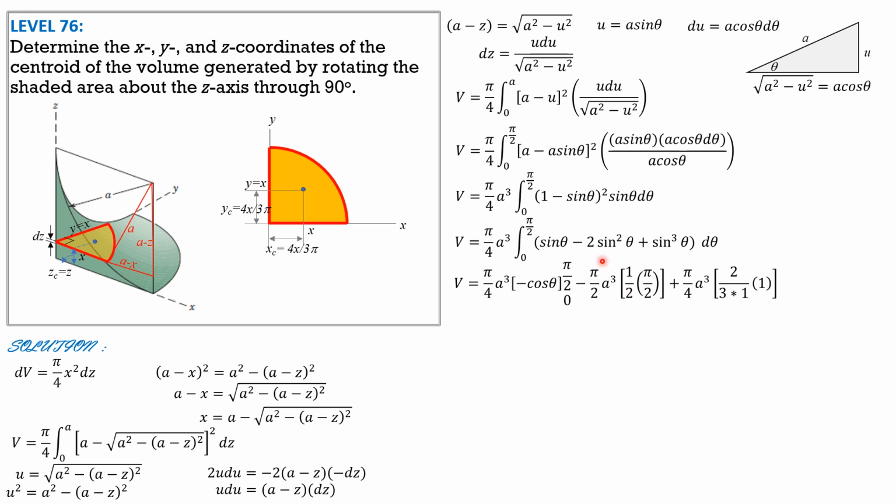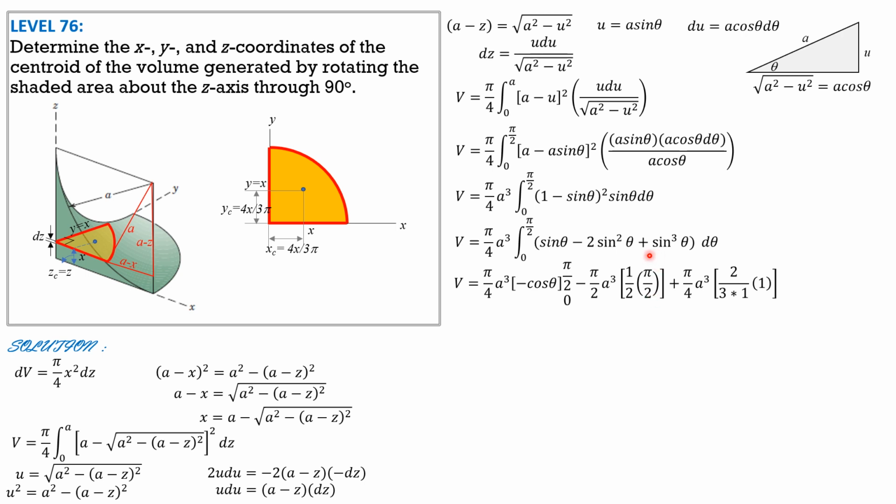Then we use Wallis formula. So 2 minus 1 is 1. Stop. The denominator is 2, so we also stop. Then because 2 is even, we multiply further by pi over 2. That's the rule in definite integrals on Wallis formula.